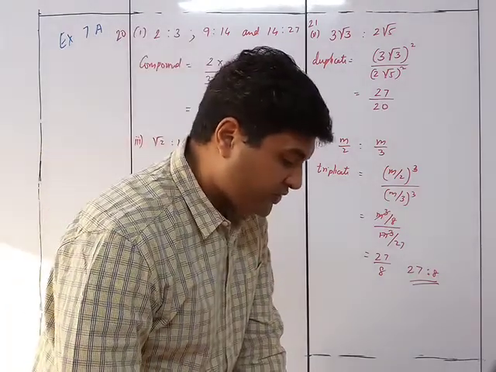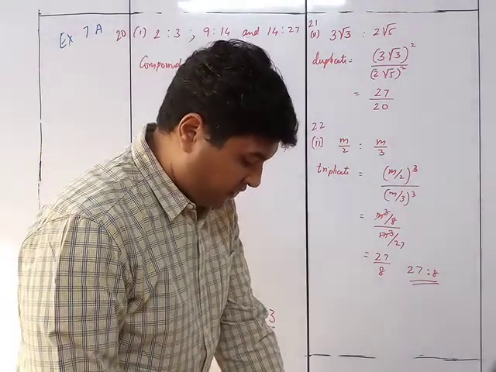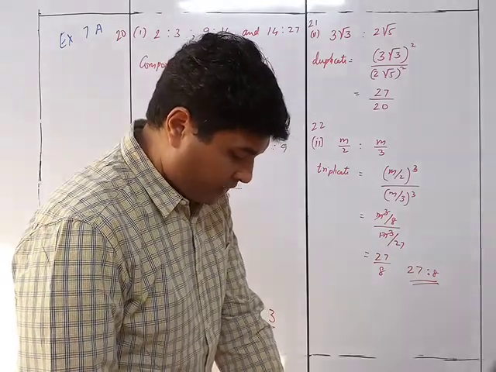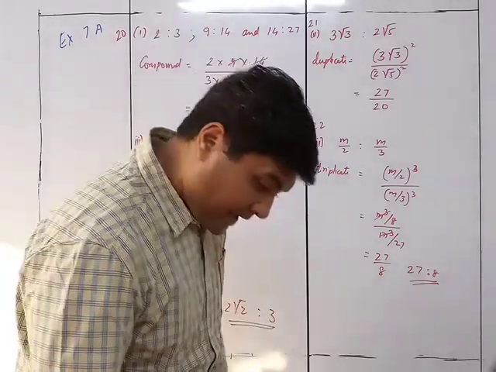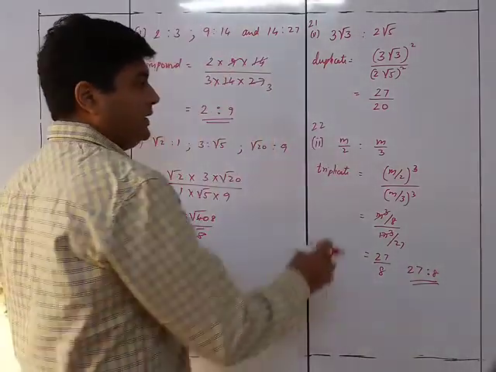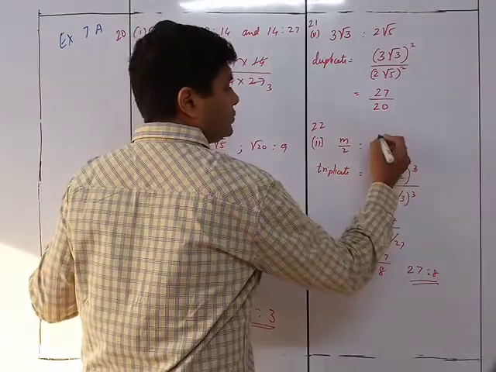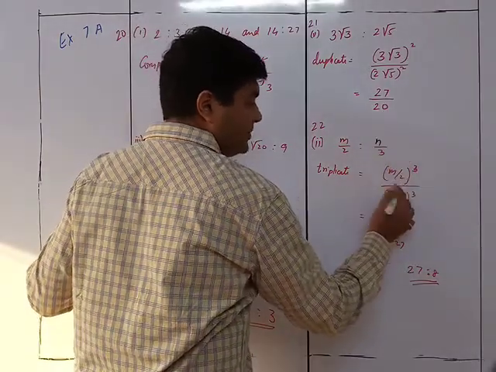So that was 21st and 22nd. 21st was 27 upon 20, and 22nd was, sorry, it is n. Sorry, my mistake. It is over here n. So then it will not cancel. So this will be n.